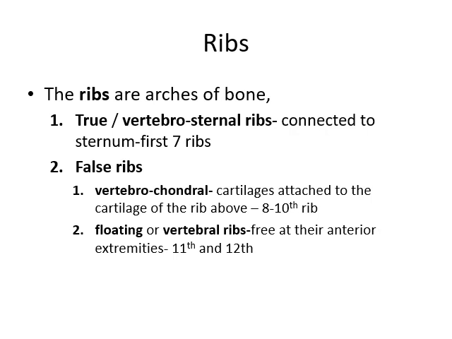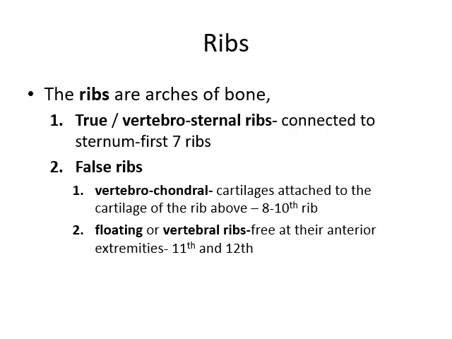That is why they are called false ribs, and they are called vertebrochondral because they articulate only with the vertebrae and the costal cartilages. So these are the 8th to the 10th ribs, that is 8th, 9th and 10th rib. Then we come to the floating ribs or the vertebral ribs.